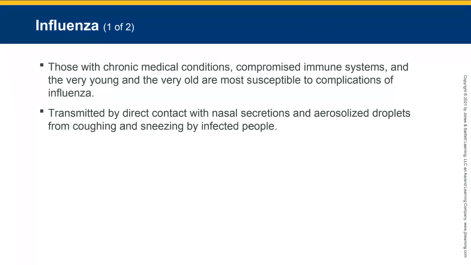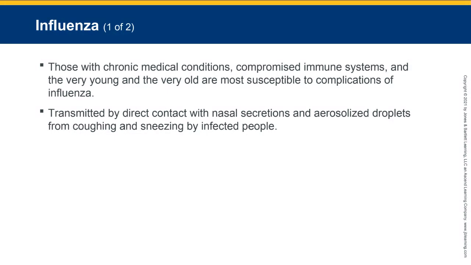Now, let's look at some of these diseases or viruses. Influenza. Those with chronic medical conditions and compromised immune system, and the very young and the very old are most susceptible to complications of influenza.